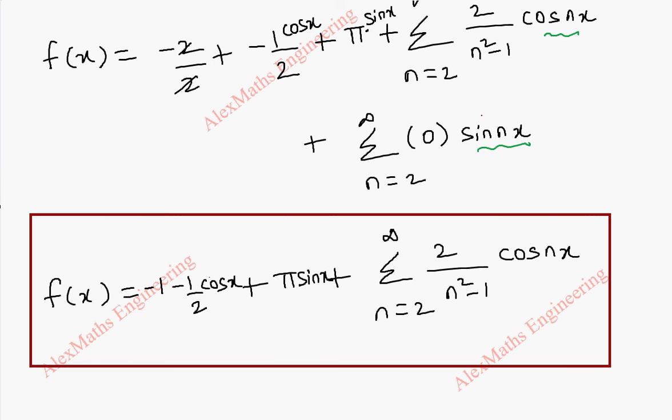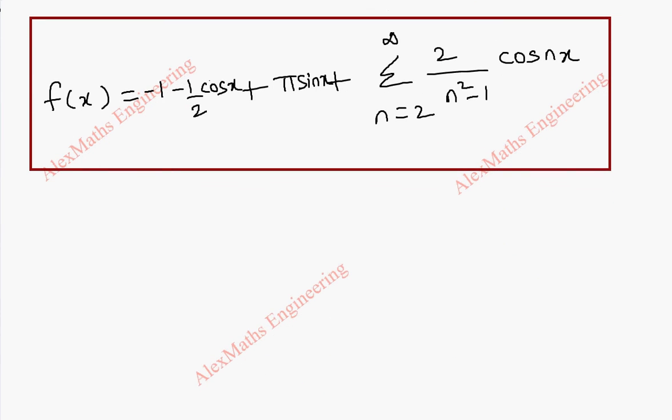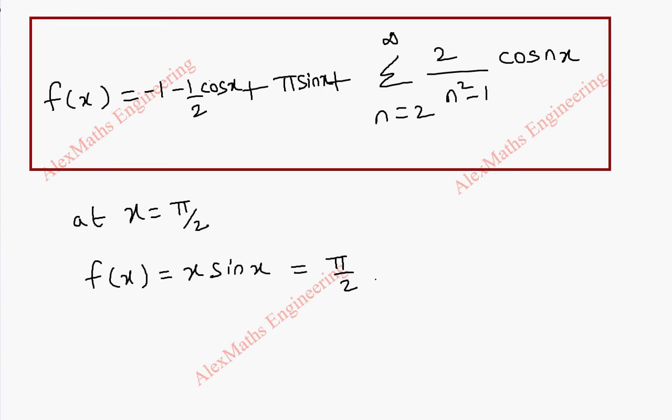Now we have to deduce a term. For that, I am going to take x is equal to pi by 2. So when x is equal to pi by 2, let's find f of x, which is x into sin x. So what happens is, this is pi by 2 and sin pi by 2 becomes 1.